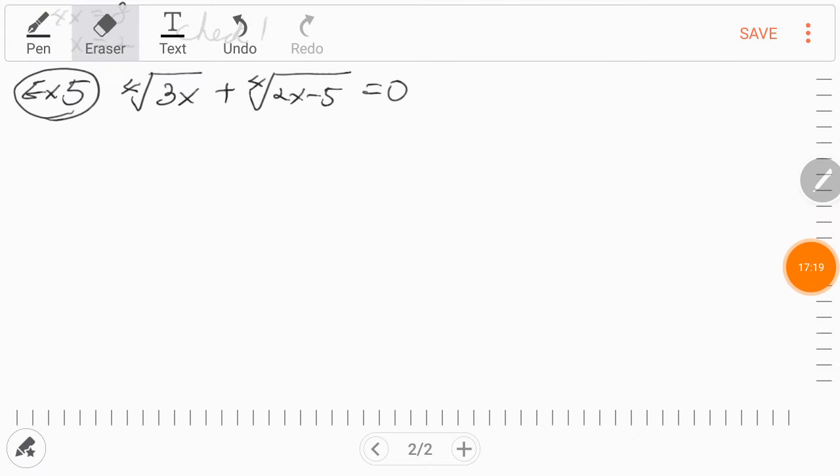In this example, the equation has two radicals on one side, so we have to isolate these radicals. Why don't we move the second radical to the right? Then it will be minus 4th root of 2x minus 5.